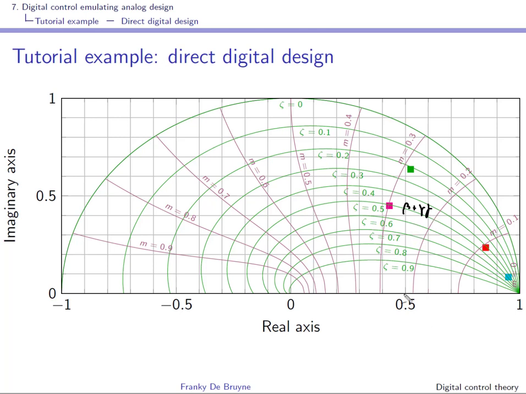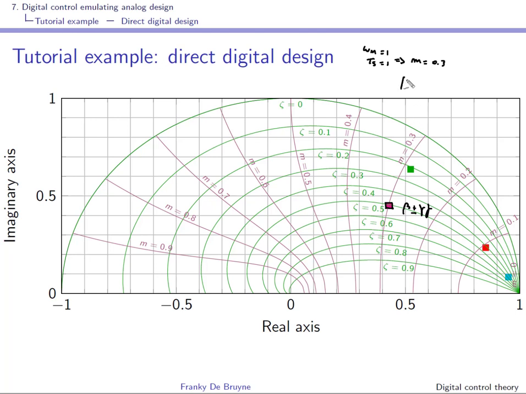And there will also be one that is mirrored on the other side of the real axis, so we'll have two poles. Since we're here on this line that corresponds to zeta equal to 0.5, with omega n equal to 1 and Ts equal to 1, that led to m equal to 0.3. This is where we want the pole.